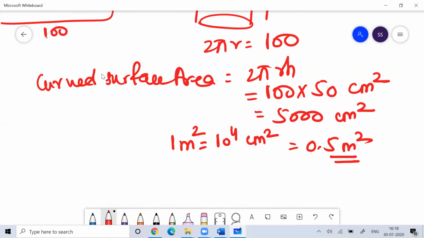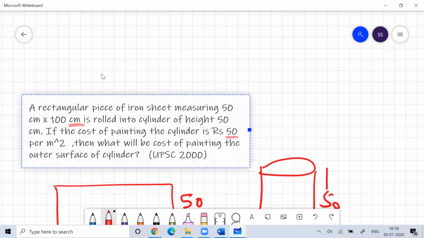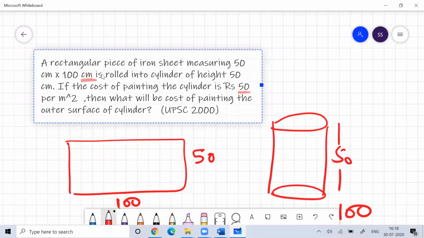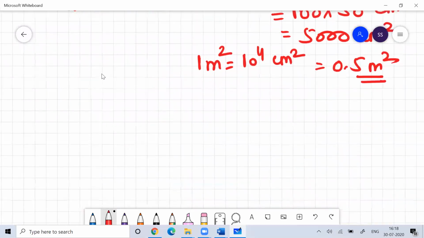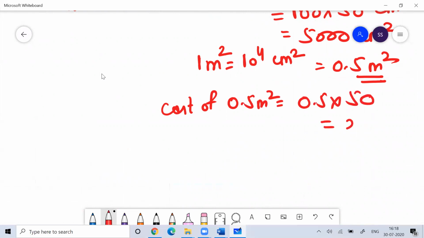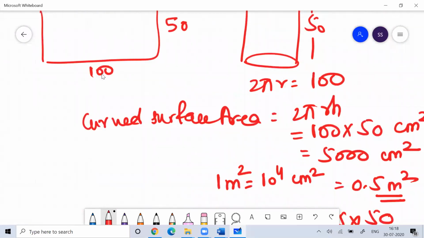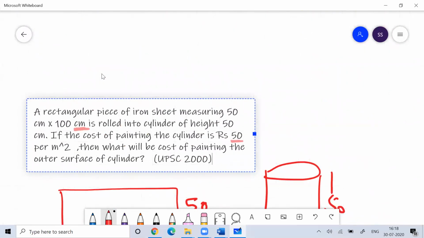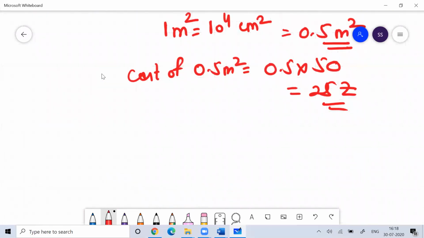Per meter square, the cost is 50 rupees. So the cost of 0.5 meter square would be 0.5 into 50. So you will get 25 rupees.